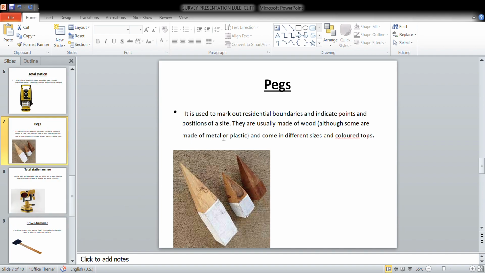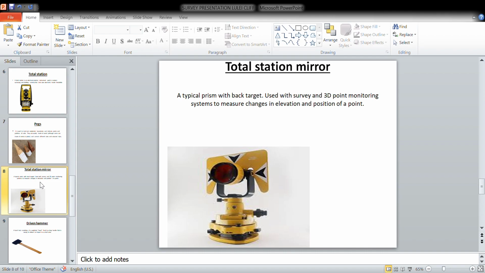After defining the term peg, we have another instrument called the total station mirror. The total station mirror is a typical prism with a back target used in surveying and 3D point monitoring systems to measure changes in elevation and position of points. The total station mirror works hand in hand with the total station. It works similar to how the theodolite cannot work without a staff; the total station cannot work without a total station mirror.